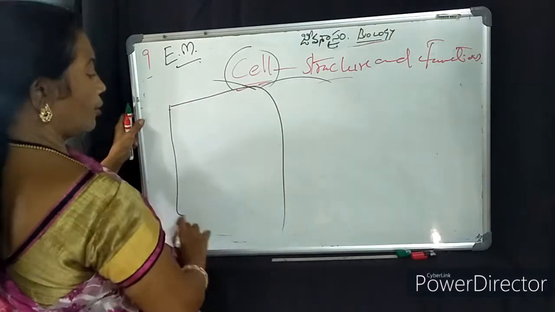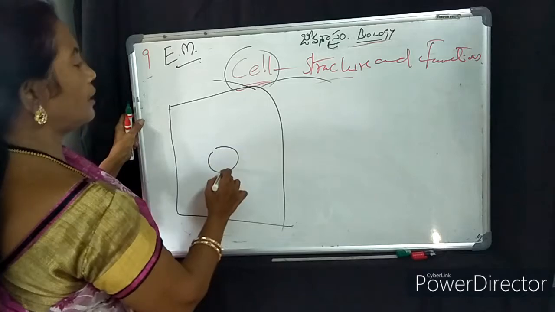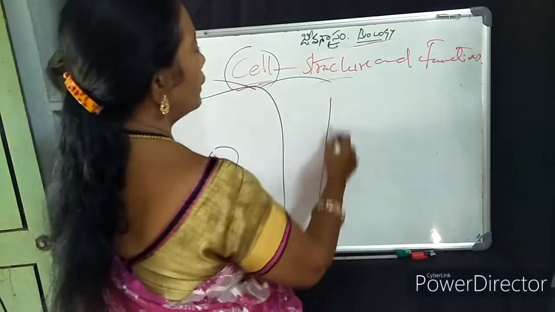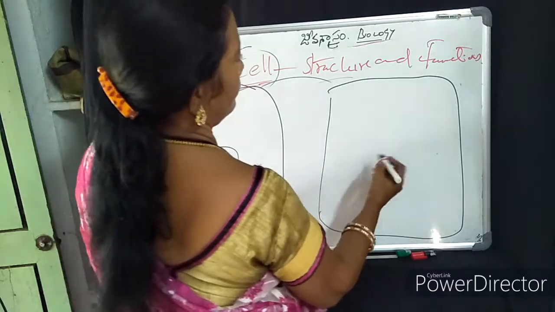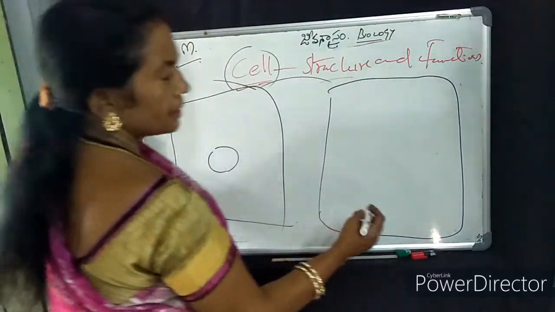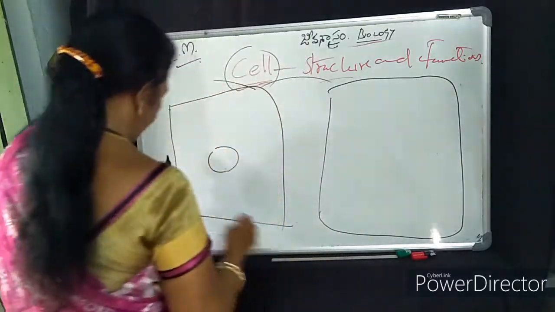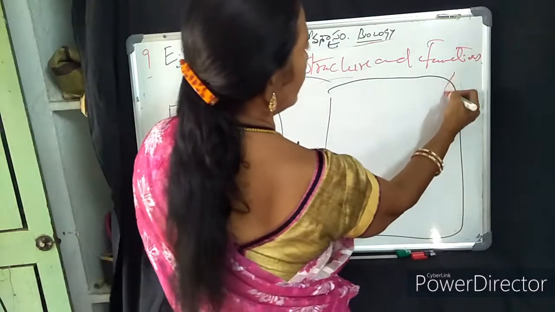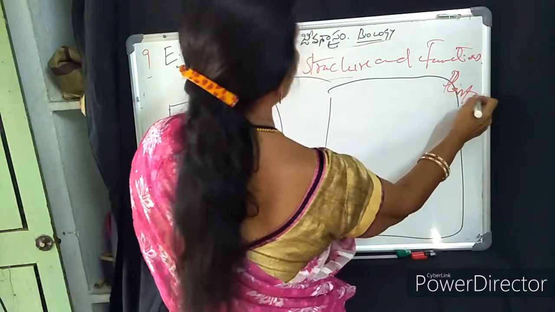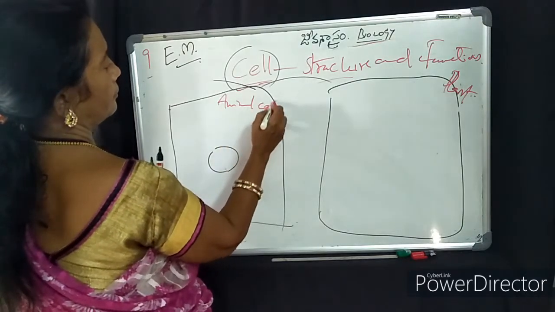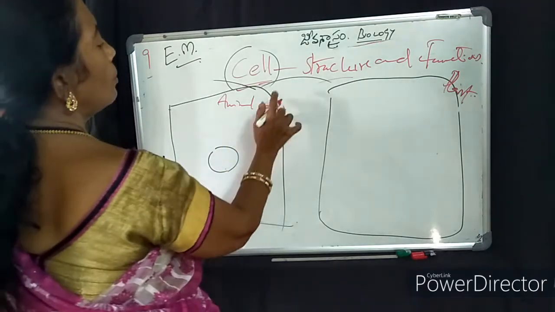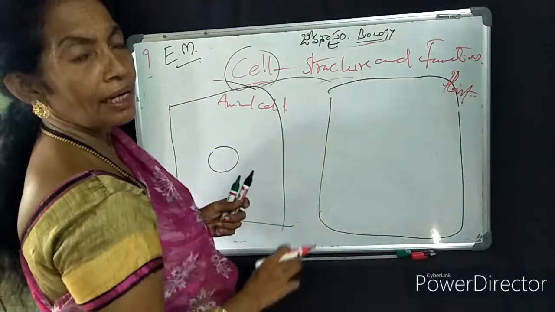So we can draw the animal cell, and we have to draw the plant cell. This is the plant cell and this is the animal cell.